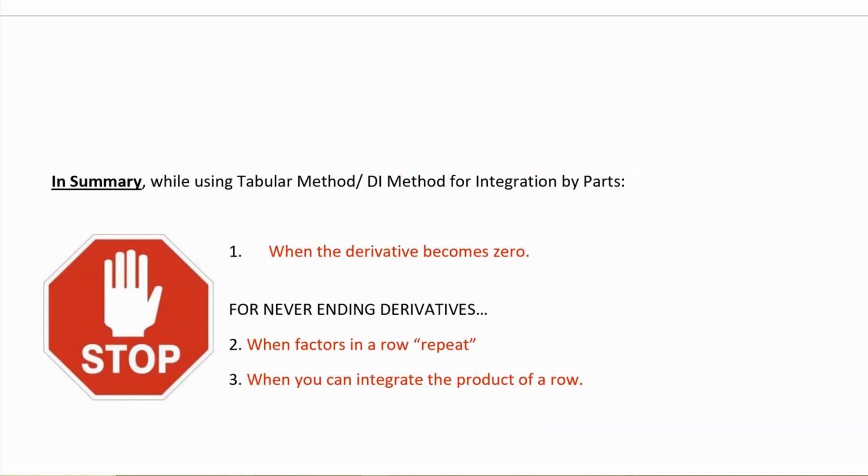In summary, when making the table, we stop when the derivative becomes 0, or in the case when the derivatives are never-ending, we stop when the factors in a row repeat. In other words, when we get the same factors as in the original integral, or we stop when we can integrate the product of a row.